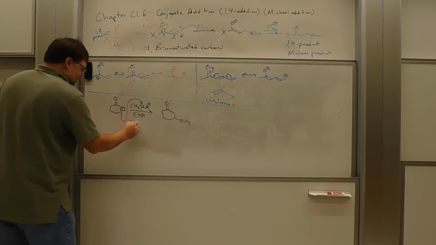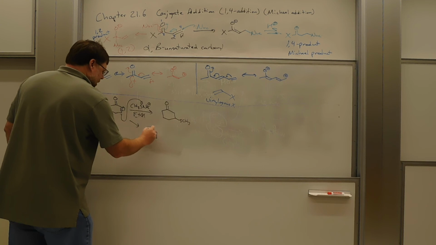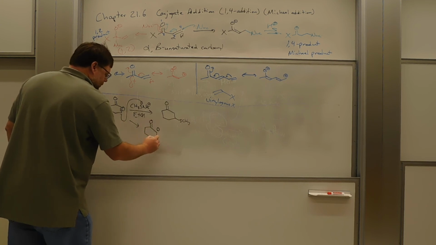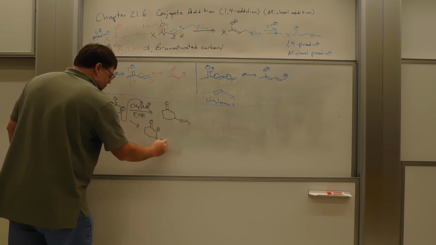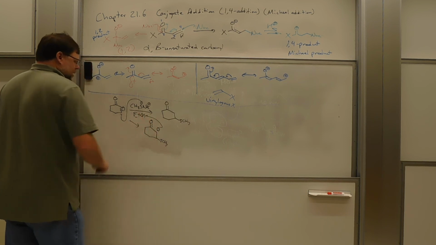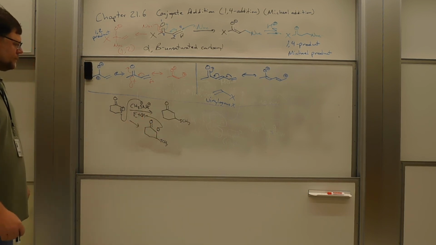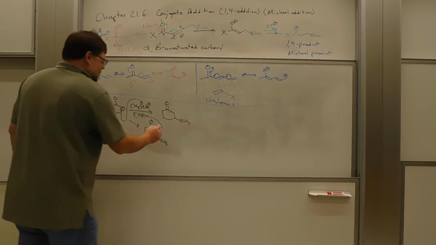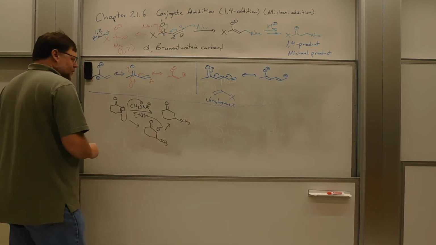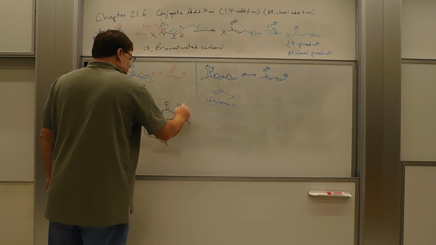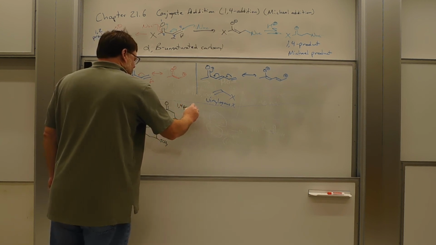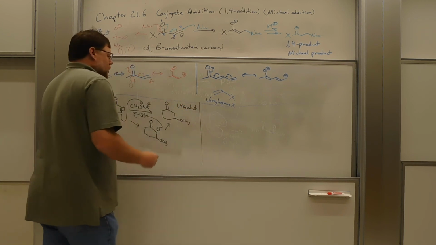Pop the electrons up here. You're going to get an enolate. And then the enolate will take a proton from the ethanol. Okay? So it's a 1,4 addition. That's a 1,4 product. That's the 1,4 product. Let's do another one.